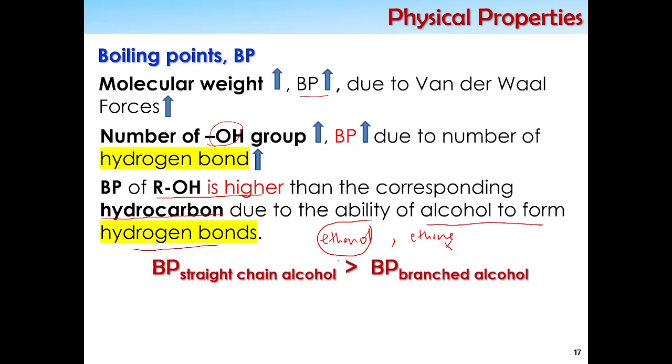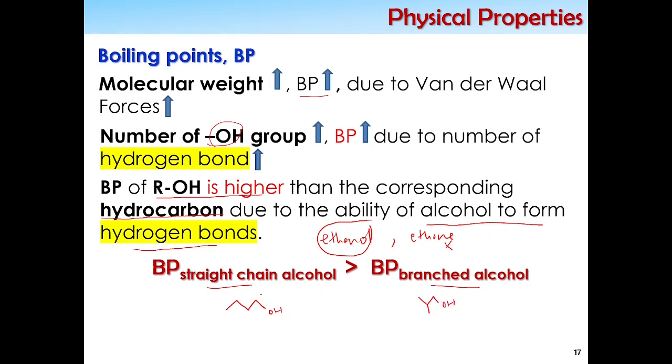Okay, and the next one is about branching. So for a straight chain alcohol, let me draw. Let's say we have this structure with OH. Compare it with a branched one. This one is branched and this one is straight chain.